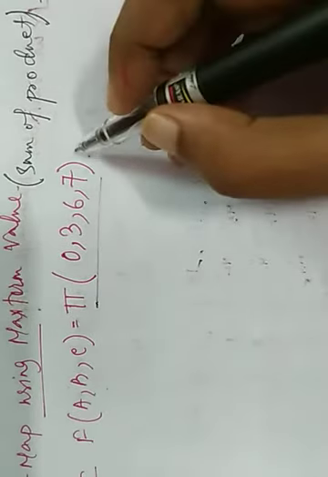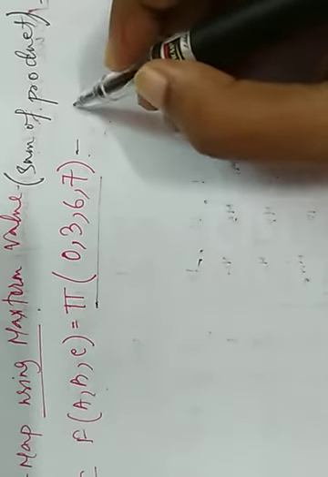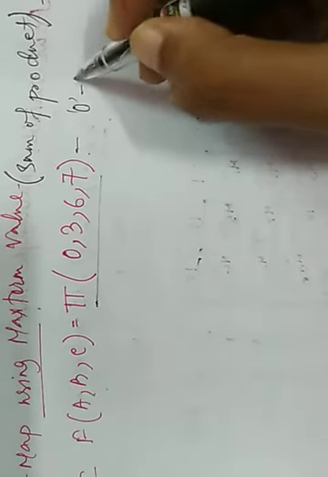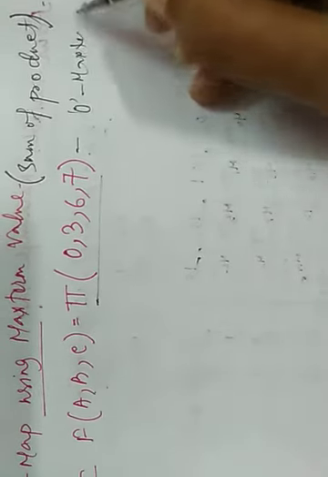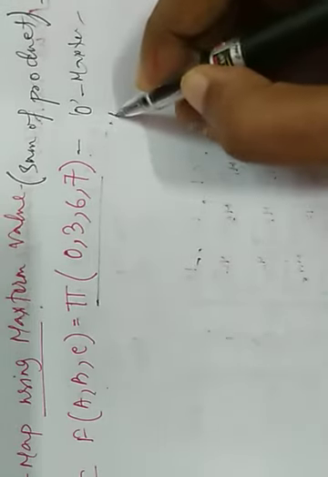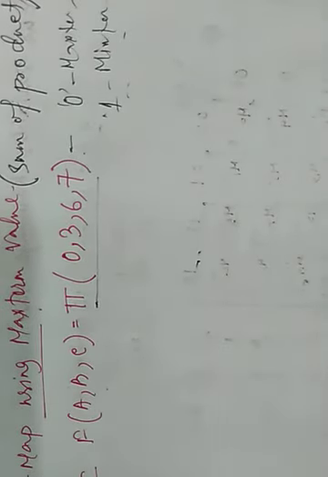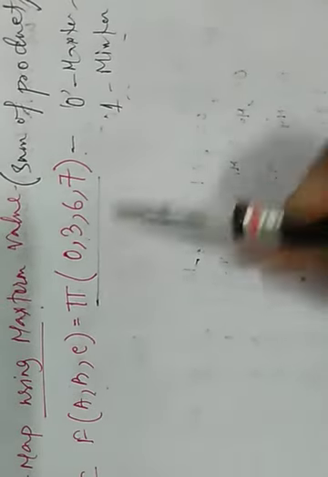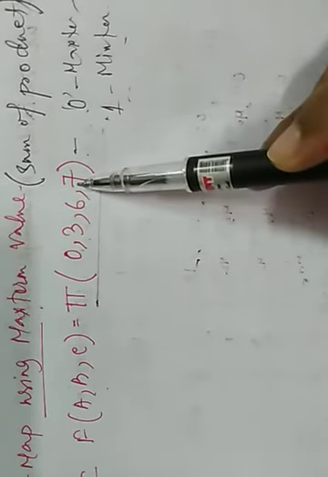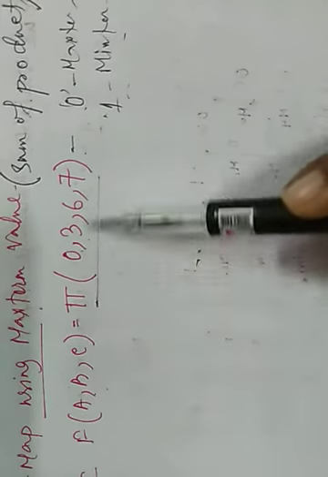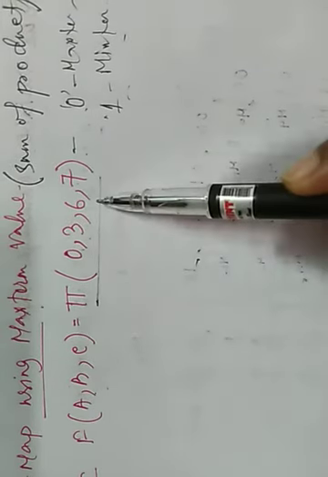We know that in a truth table, max term values are for 0 and min terms are for 1. If min term is given, we place 1 in the Karnaugh map table, and as max term is given, we should place 0. The positions are the same, but we have to place 0 as max term is given.